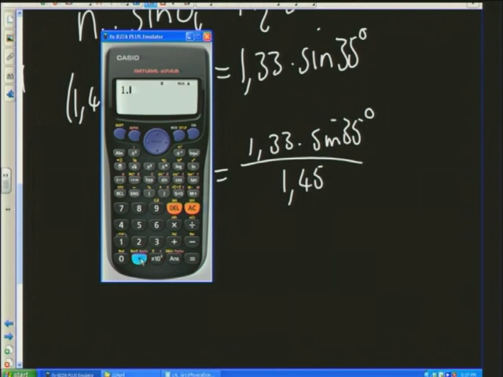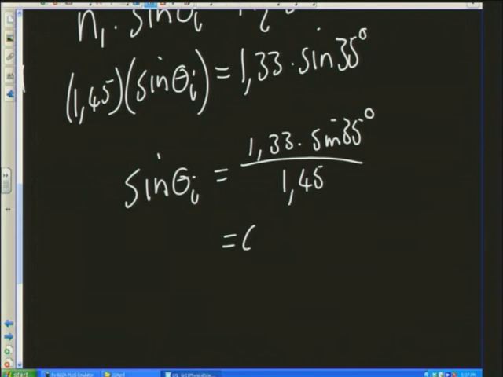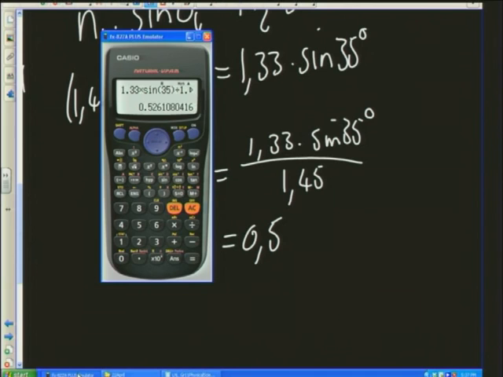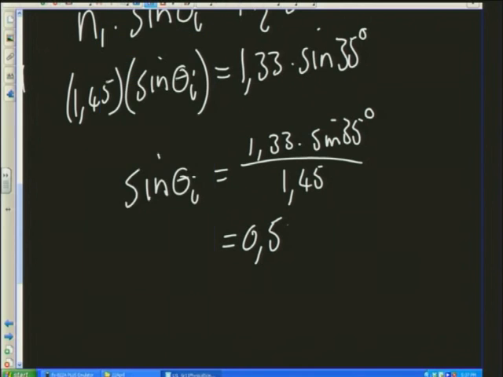I'm going to say 1,33 times the sine of 35 divided by 1,45. And if you try it both ways, you'll see you'll get the same answer, 0,5261. Let me just check it. Was it 26? Yes, it was, 0,5261, dot, dot, dot.